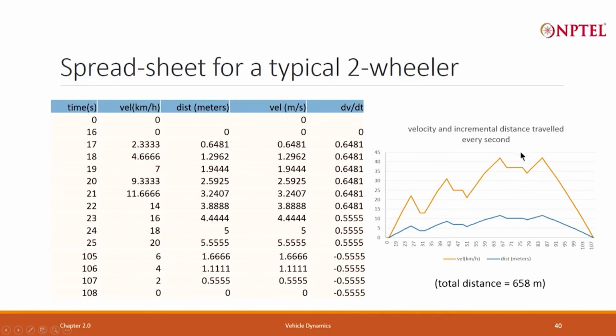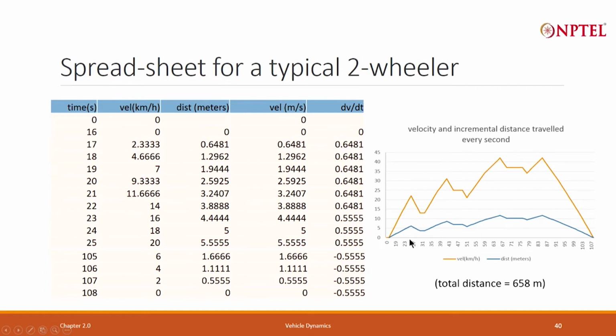This is the incremental velocity, incremental distance, incremental velocity, incremental distance. I have to integrate to find out the total distance that I have travelled. Total distance that I will travel is 658 meter. So, remember the distance here, as it goes, it travels 5 meters, then it goes down 5 and keeps on going up and down.